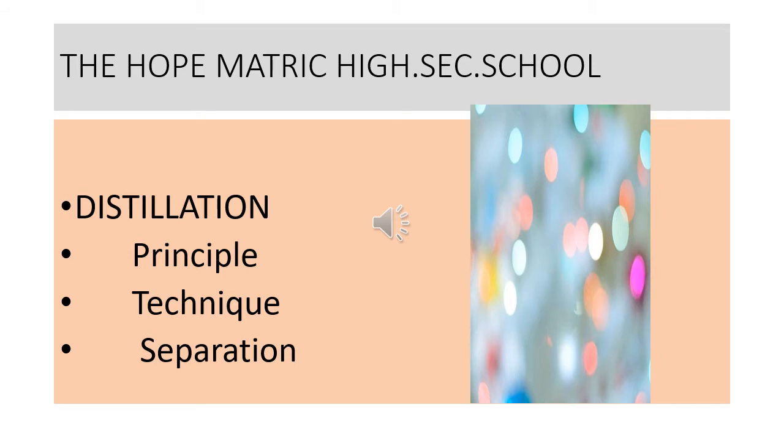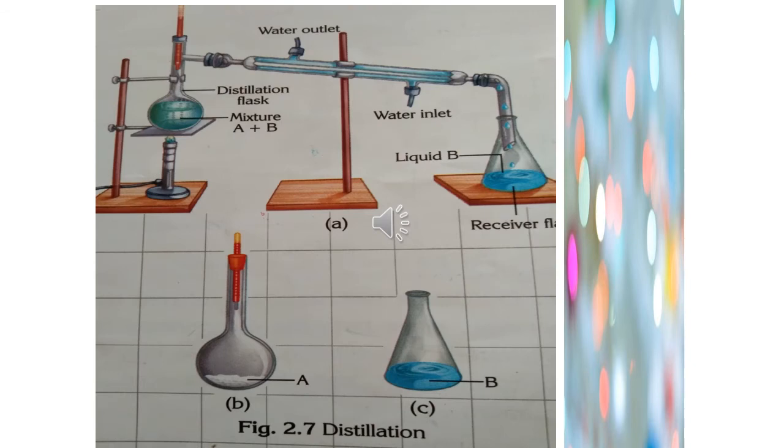Listen carefully, all of you. Look at this principle. First we have to see the principle. The process is applied to separate a mixture of a non-volatile solid from a volatile liquid. A non-volatile solid, that is a soluble solid, from the liquid component. The liquid component B, that means water, evaporates on heating.